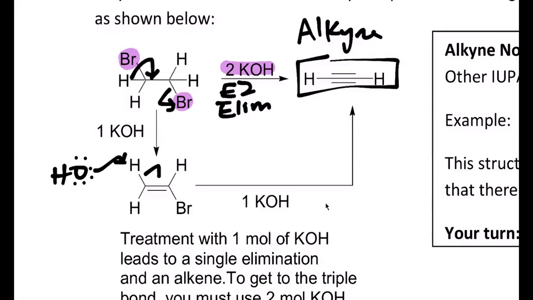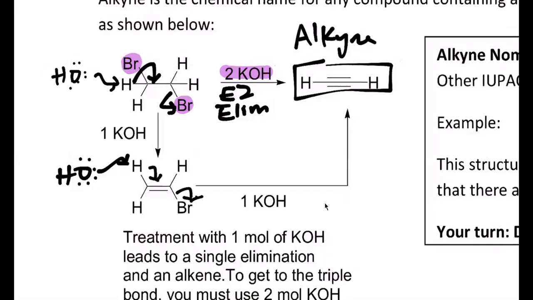Sorry about that. Like so, right? So it's 2 E2 eliminations. Let me put that OH up here too. Right. So the synthesis of alkynes is fairly simple. It's just again 2 moles of base and 1 mole of alkyl dihalide.